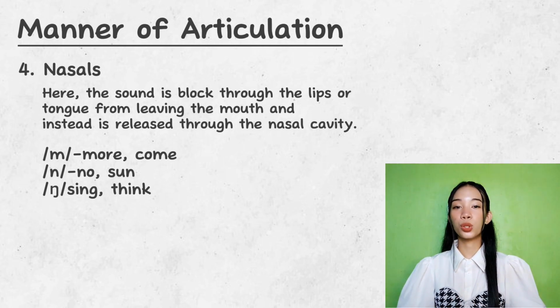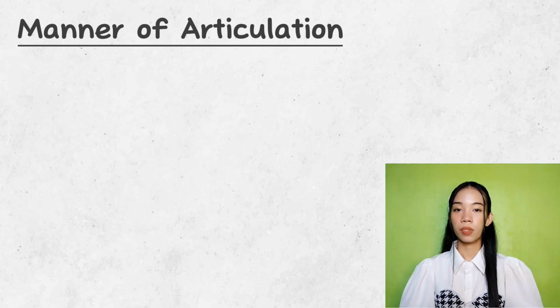And the same is true for n and ng. So the sound is released through your nose. So we have m in more or come, n in no or sun, and then the ng in sing and think. So we have this sound always when the spelling is ng or nk. There are three nasals in English.